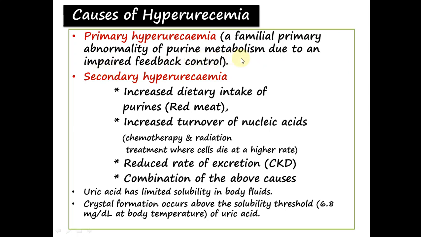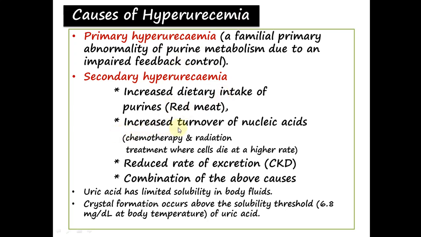So, these are inborn errors of metabolism which lead to primary hyperuricemia. In secondary hyperuricemia, we know the cause, and it can be caused by increased dietary intake of purines, for example, red meat and other diets that contain excess purines.